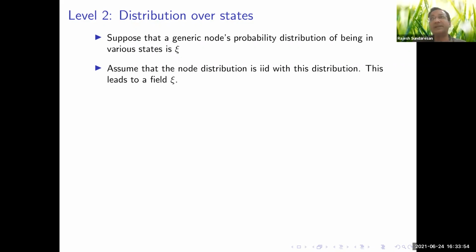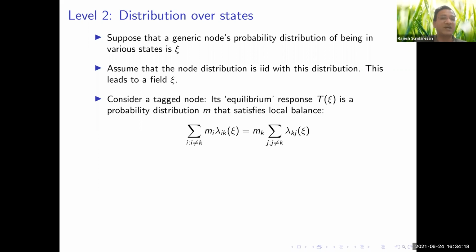This leads to a field. And the field in this particular situation also happens to be the measure itself, the distribution over states. If the probability of being in a particular state is given by xi I, the ith component of a probability distribution xi, and you have n such things and they are all independent, then the field, the empirical measure, is also given by this as n becomes large.